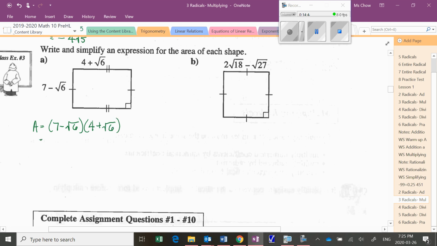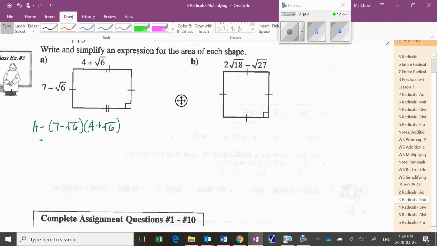And so this is where we've got a binomial times a binomial, which of course some of you think about as being FOIL, or so first outside, inside, last, or some of you might think about going back to the box method as well, and either or would be just fine.